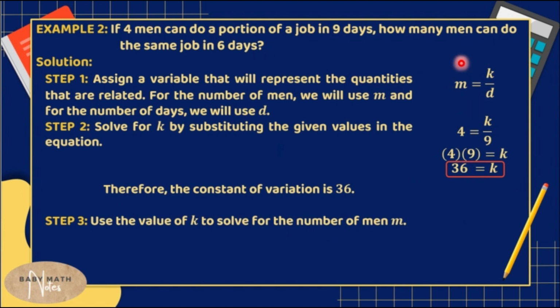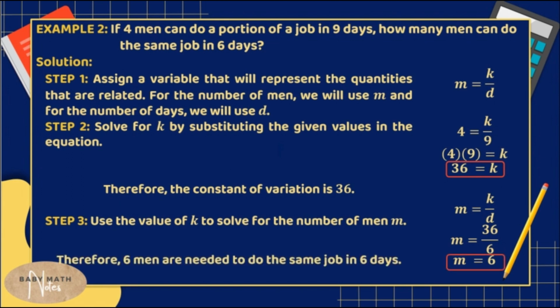Siyempre, isa-substitute natin yun sa ating mathematical equation. So, k is equal to 36. So, pinalta natin yung k ng 36. And yung number of days natin ay 6 para makuha natin kung ilan ba yung number of men. So, therefore, 6 men are needed to do the same job in 6 days.